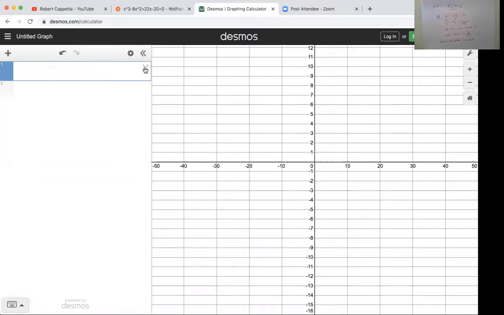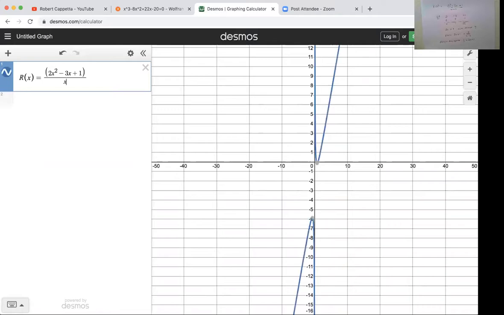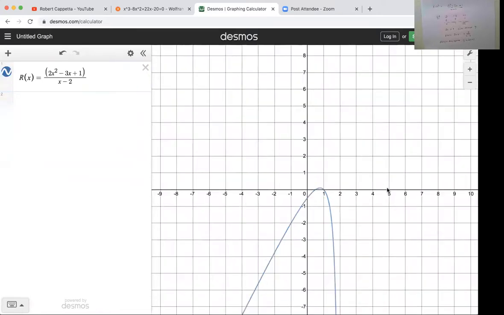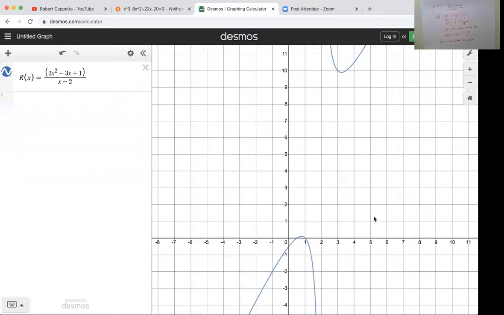So the equation is r of x equals upstairs 2x squared minus 3x plus 1 divided by x minus 2. And let's go back to our home screen, our home graph. Kind of hard to see, but I'm going to draw in my slant asymptote now, which is y equals 2x plus 1.